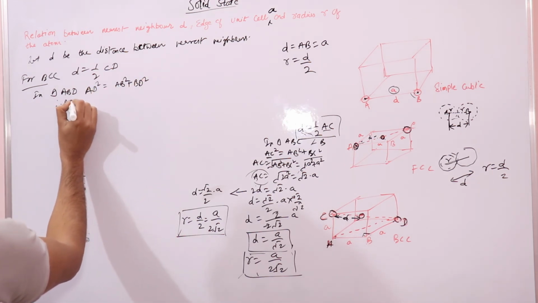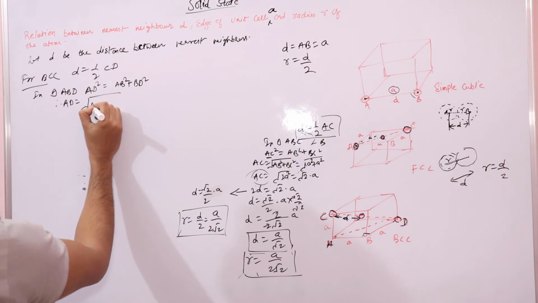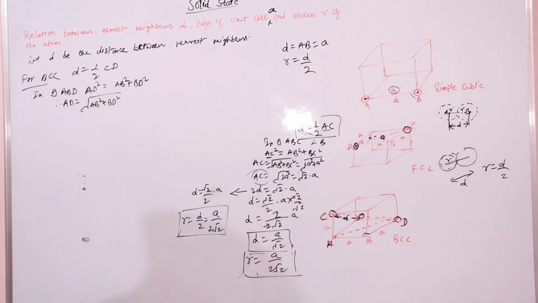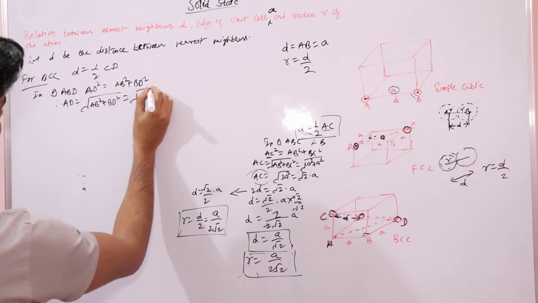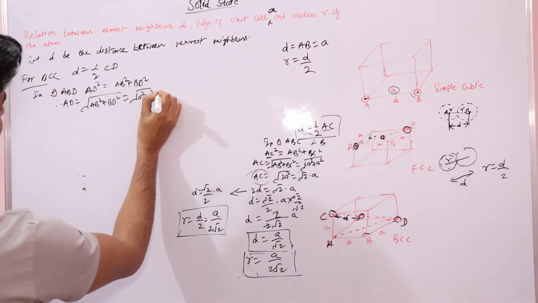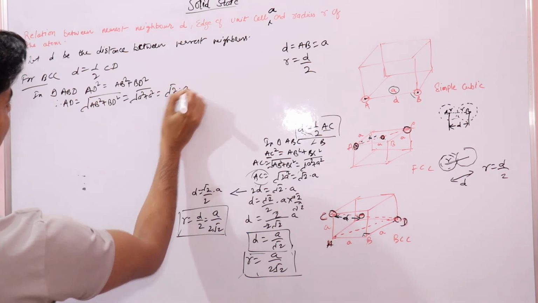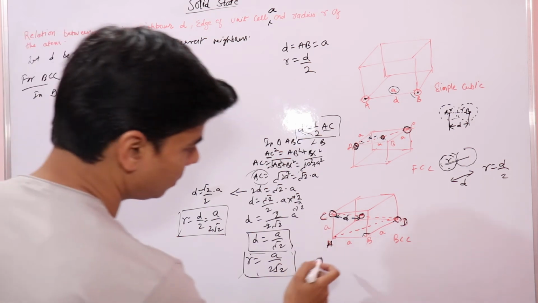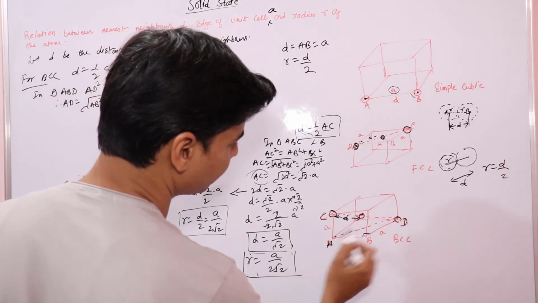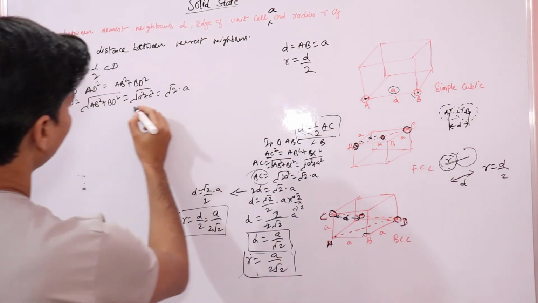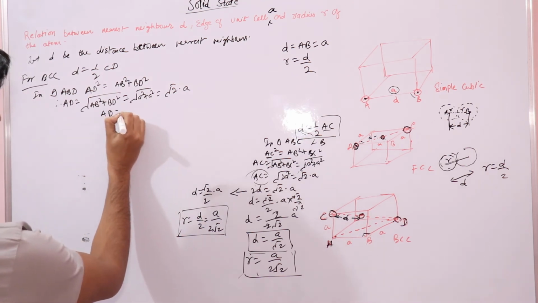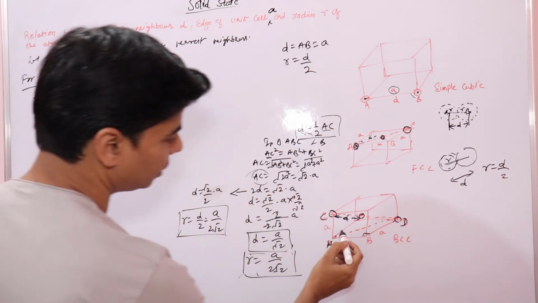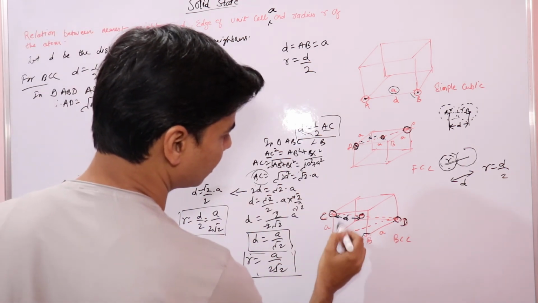Therefore AD is equal to the square root of AB squared plus BD squared. So this would be A squared plus A squared, which would be root 2A, and this is your AD. So we got AD is equal to root 2A. Now we will find the value of AD from the other triangle.